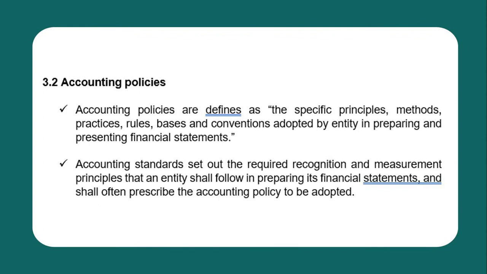Method of depreciation. If you use straight line, double declining, or sum of the years' digits in computing the depreciation, that should be disclosed in the notes to financial statements. And any other accounting policies na i-implement ninyo sa inyong company.